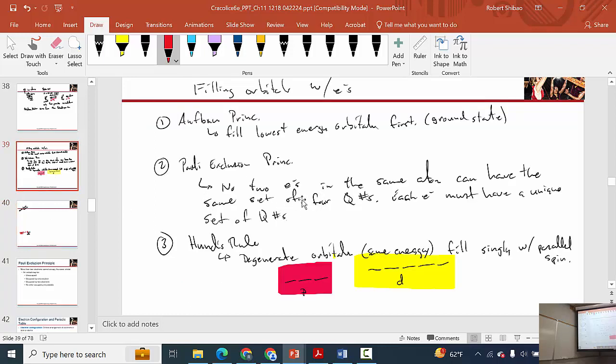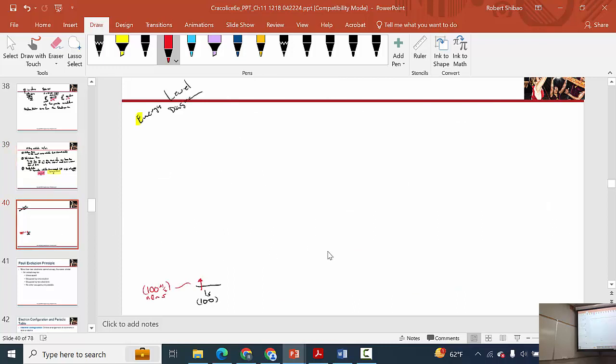The Pauli exclusion principle says no 2 electrons can have identical quantum numbers in the same atom. So what I have to do is put the second electron spin down. And what that's going to give me is a 1,0,0, meaning it's in the 1s orbital, and it's going to be minus 1/2, which means it's spin down.